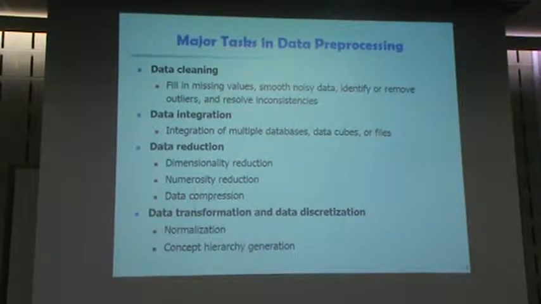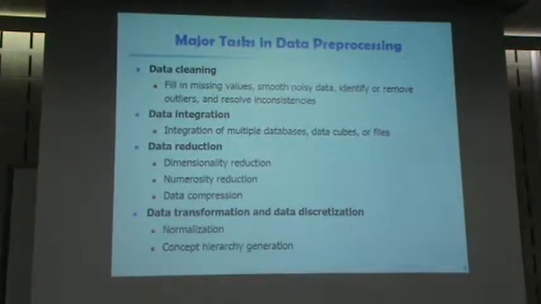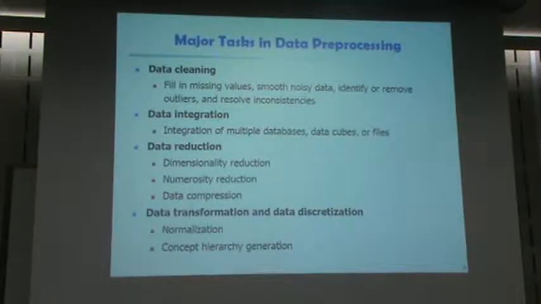Okay. And also integration, because sometimes the data are coming from many different sources and combined into one, just like data warehousing. Data warehousing is a collection of data from multiple sources.